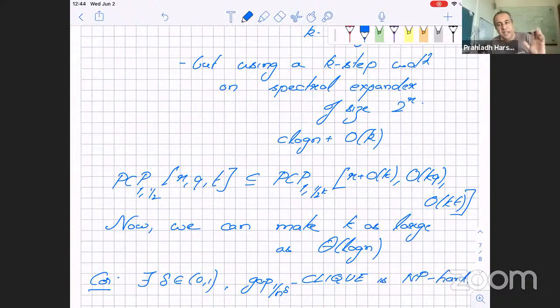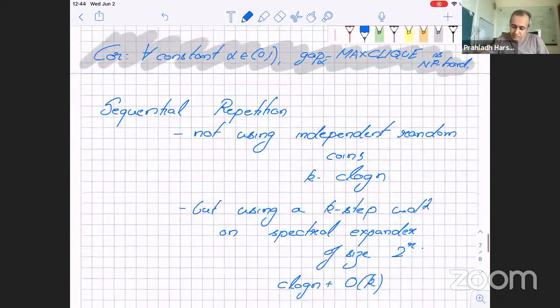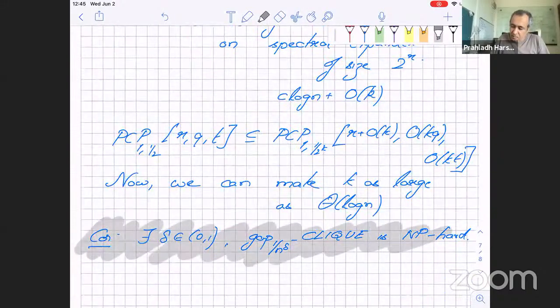So this delta will be like 0.1 or 0.01 or something. So it says even approximating clique within a factor 1 by n to the 0.1 or 1 by n to the 0.01, that is hard to get. You can't do this. Just sequential repetition will give you this object. Okay.